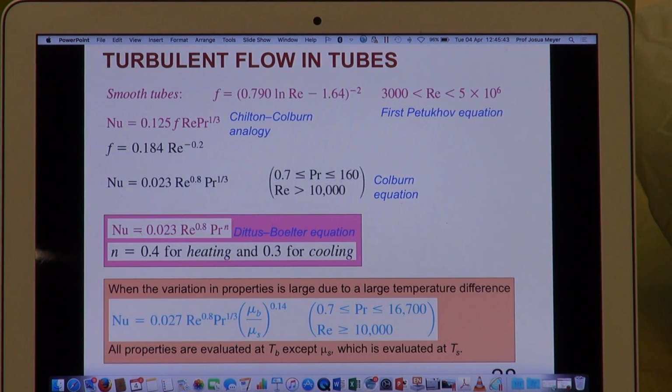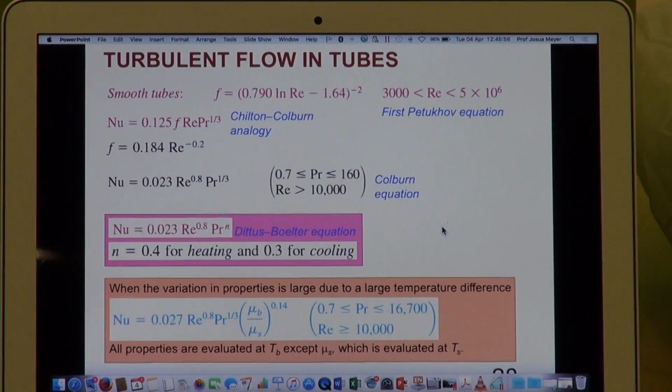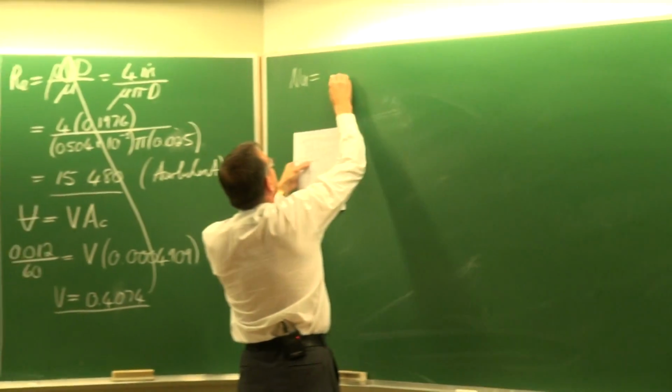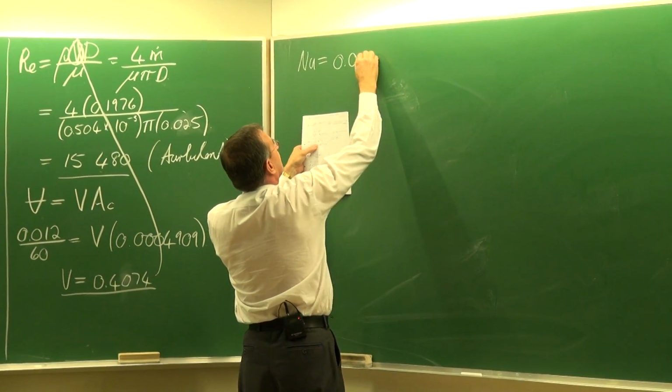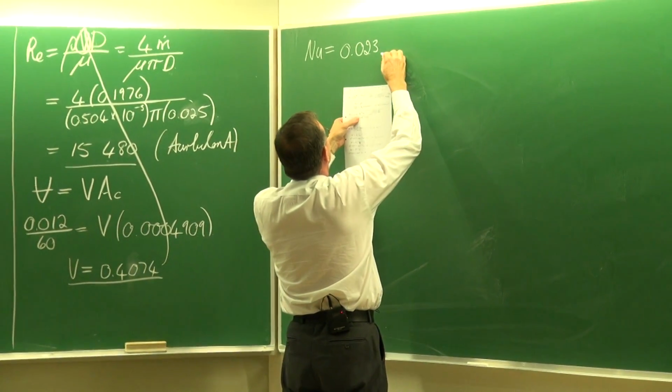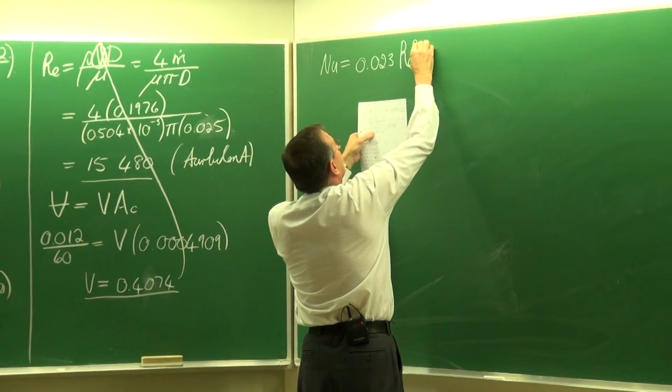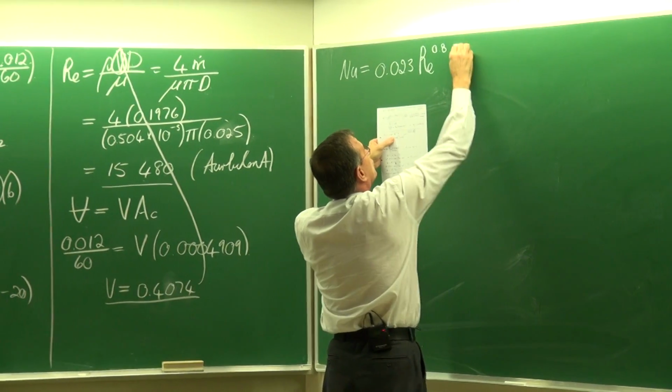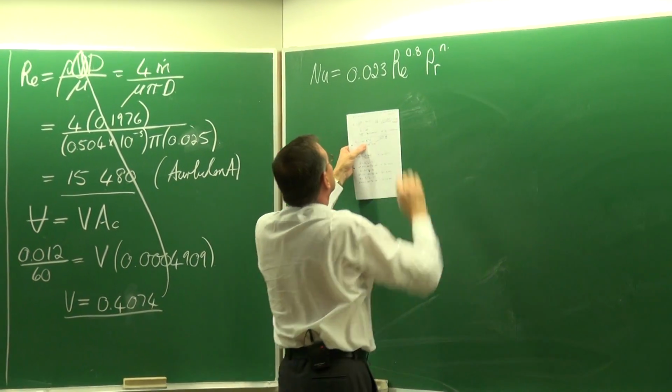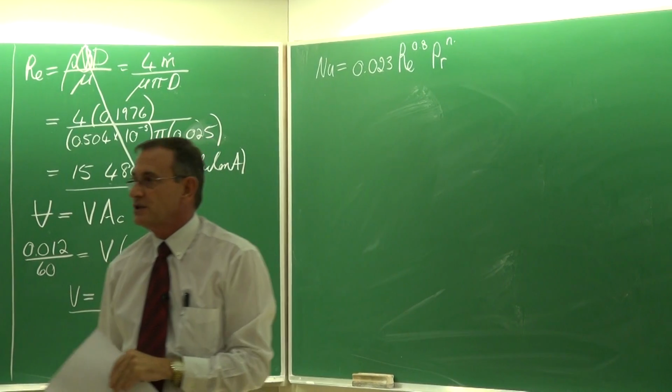The first ones are the simplest ones to work out. The other ones you need to do much more work, but they are more accurate. But in general, these equations are plus or minus 20% in terms of accuracy. So I'm lazy, so I'm going to calculate the Nusselt number as equal to 0.023, Reynolds to the 0.8, Prandtl to the n. It's almost the simplest of all the equations available.